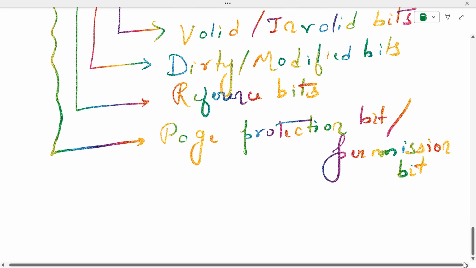Now we will see some of the questions, but before that, let's see what these bits are: dirty or modified bits, reference bit, page protection bit, and valid or invalid bits. The page protection bit is used for security purposes. It tells whether the page is protected or secure from unauthorized access.